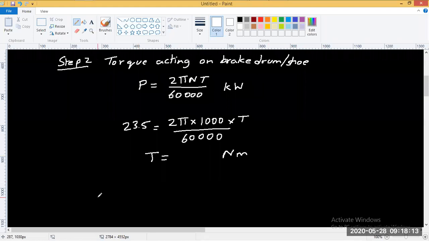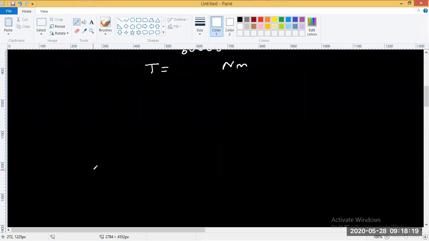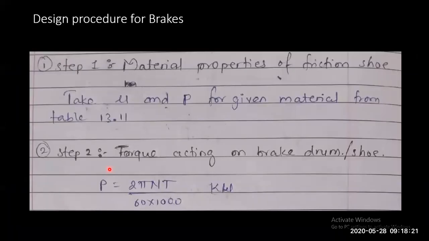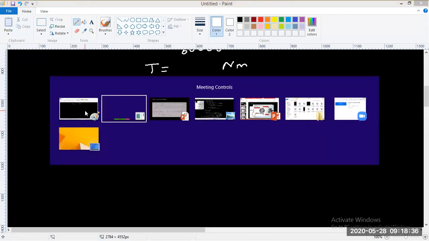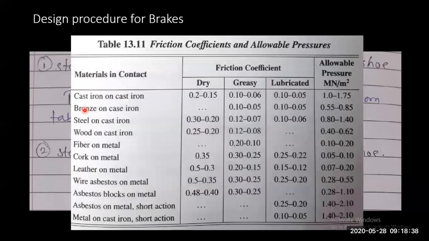Right. So once we find the torque, let's move on to the next step. Is anybody calculating? Just post it in the group chat. Right. Let's see what's the next step.